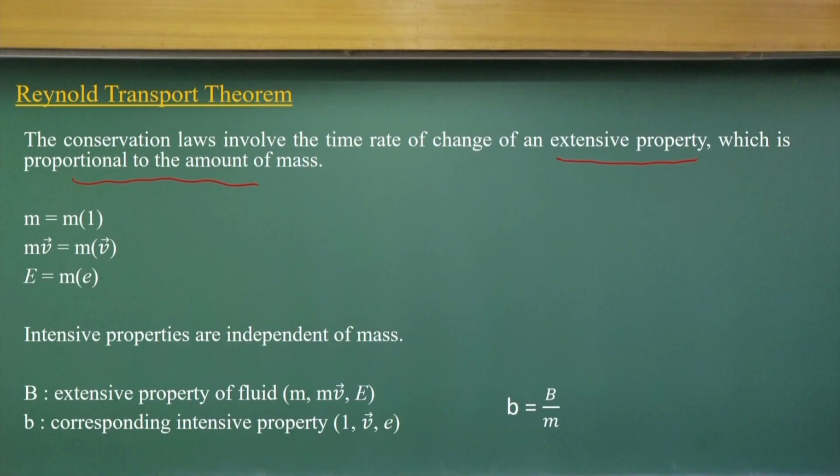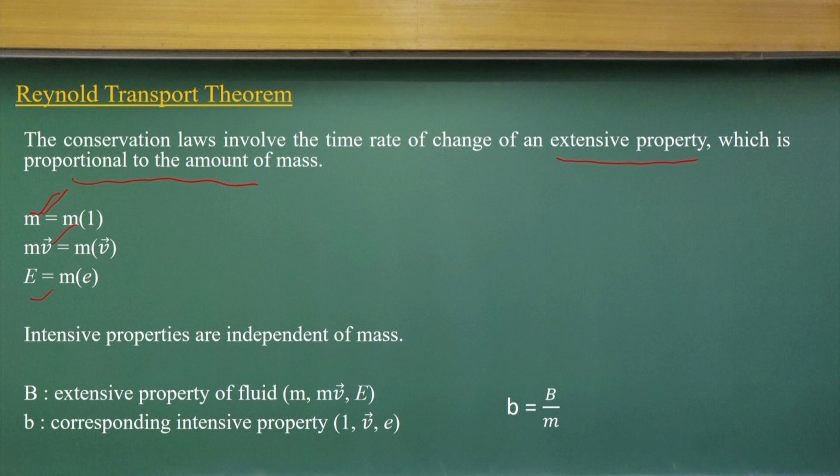For example, in the three basic laws, we talk about mass conservation, momentum conservation, and energy conservation: mass, momentum, and energy are the extensive properties.